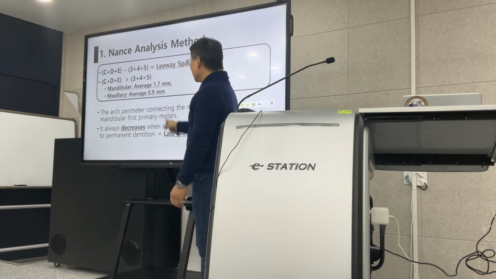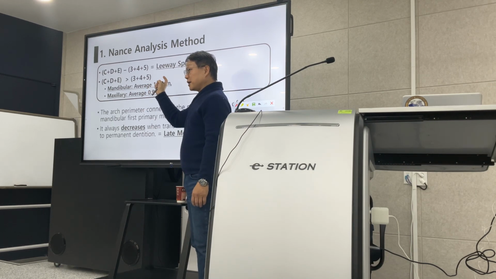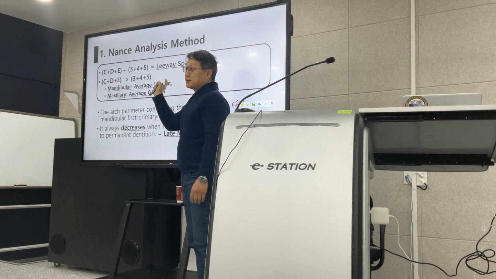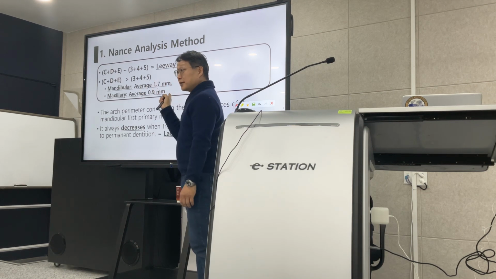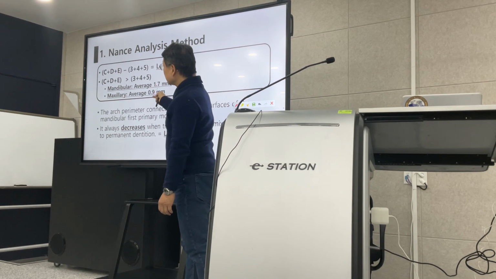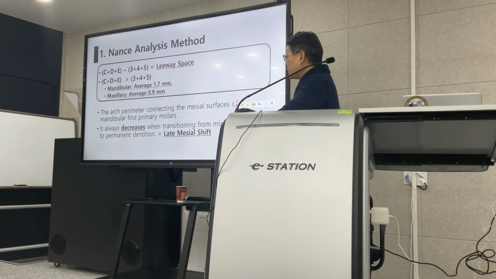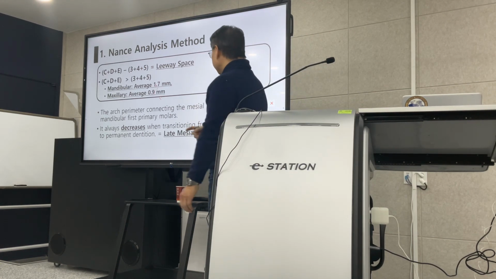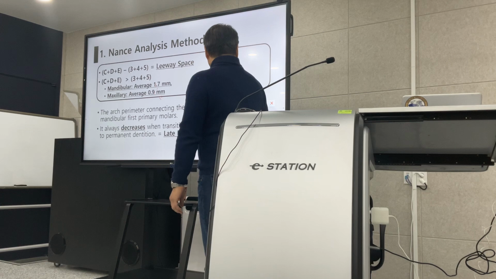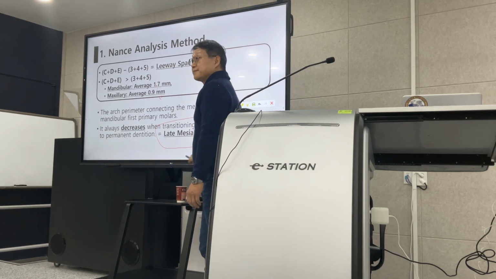I already told you this kind of tool. Yes, some researchers gave other numbers, but this is the most popular number. In the mandible, each side 1.7 millimeters. That means both sides 3.4 millimeters. In the maxilla, both sides 1.8 millimeters is what we call leeway space. So here's another important concept.